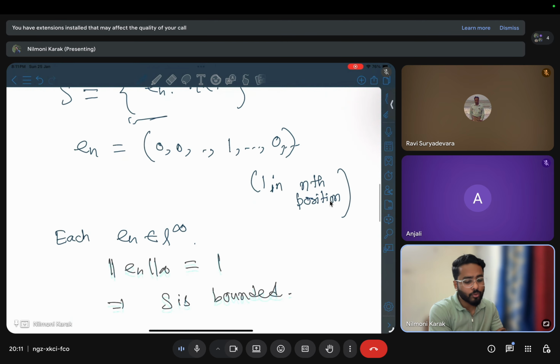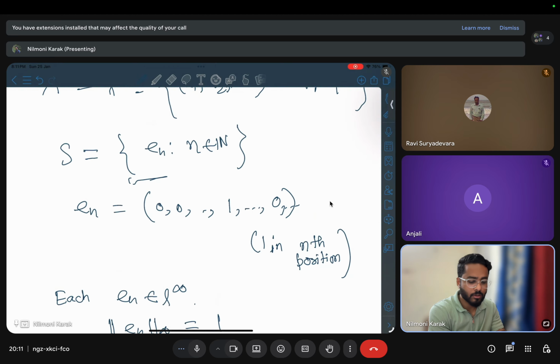Why? Because you take any point from S and take a neighborhood; the intersection should be phi, not equal to phi, right?